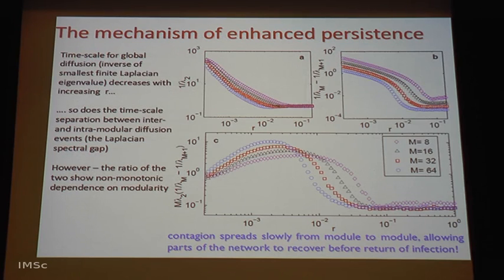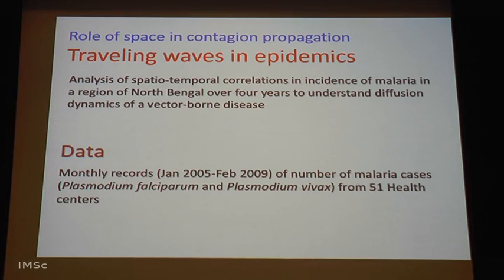So with the modular network, we then go to the role of spatial geography in the epidemic propagation. Here we analyze the Malbazar block of Jalpaiguri district. We have malaria data, both Vivax and falciparum, from 51 health centers.